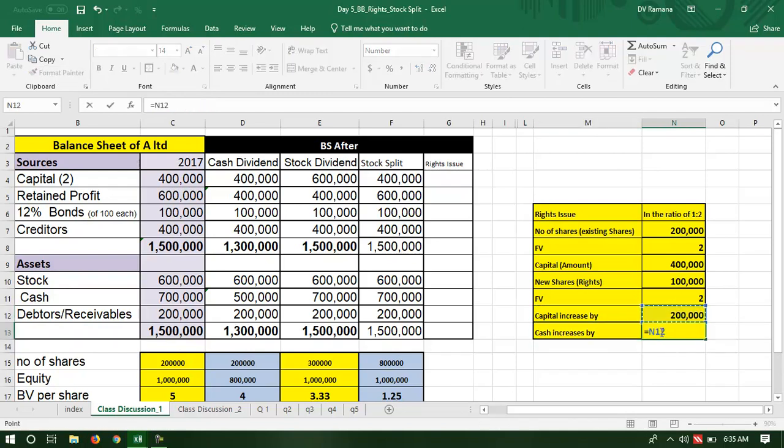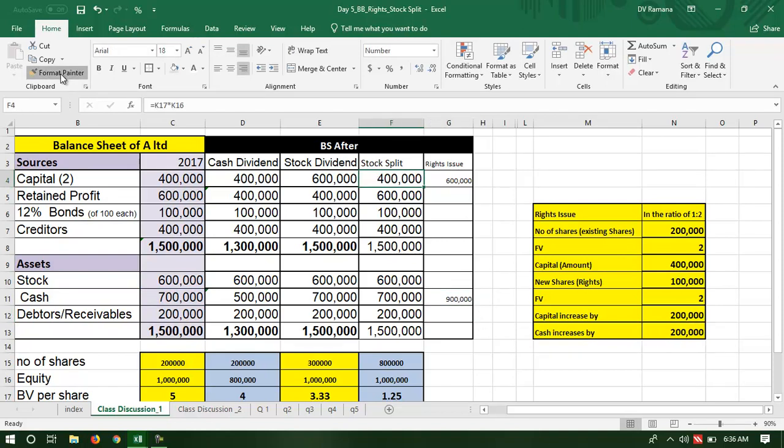So what will be the impact on the balance sheet? Again, with the original balance sheet, the capital will increase by 200,000 and cash will increase by 200,000.